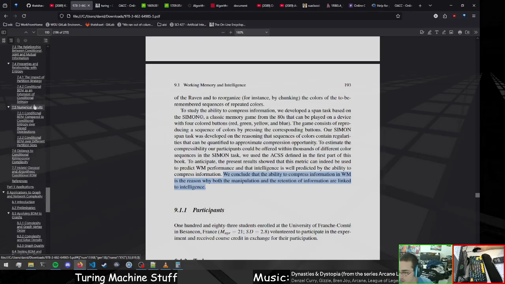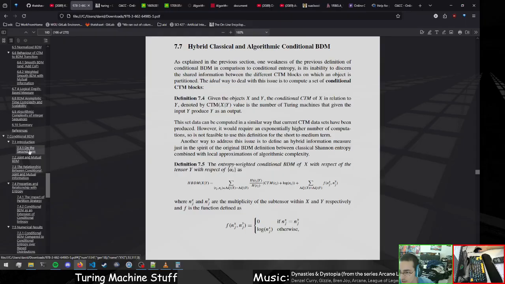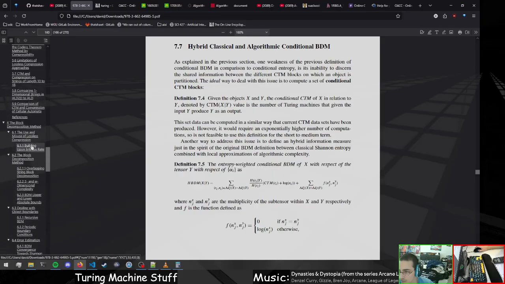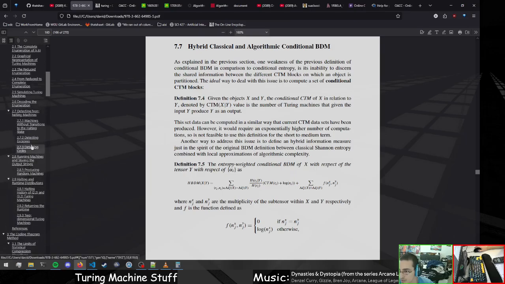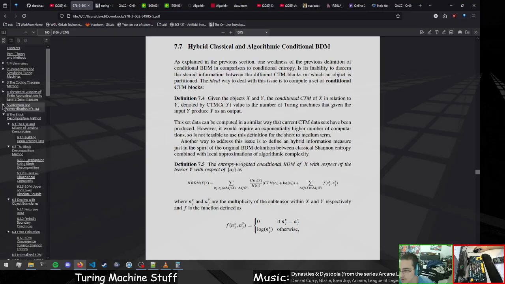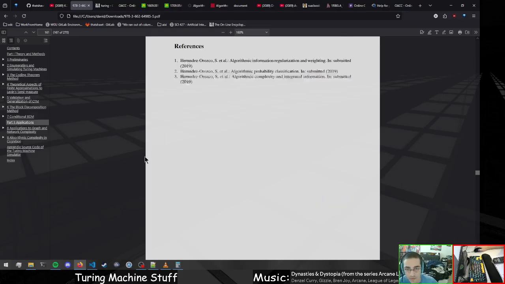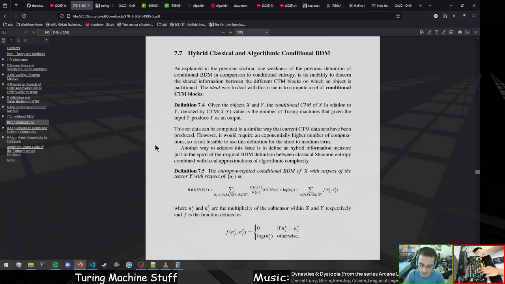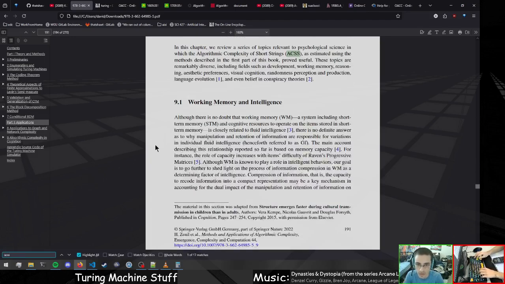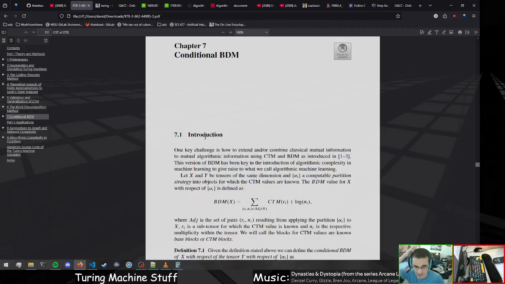What? Where do they do the ACSS? Where do they do that? The block conditional method. So I want to go up a little bit. Right here they say they estimate it using the methods described. Okay, so yeah, they probably use this.